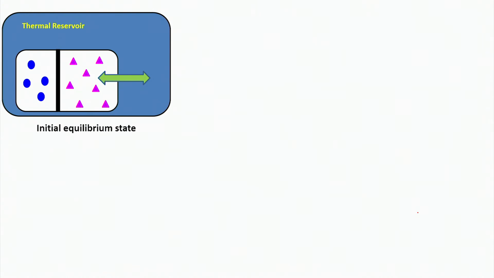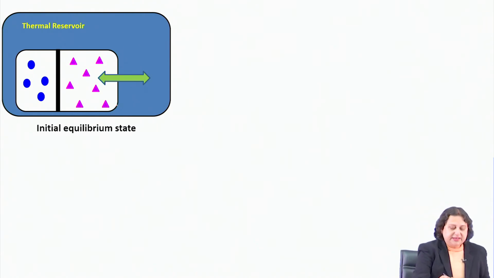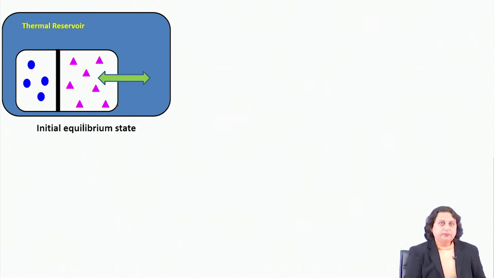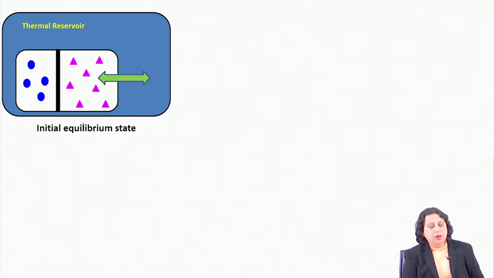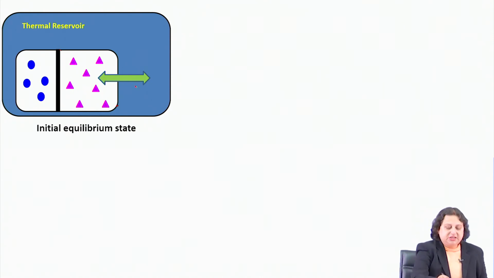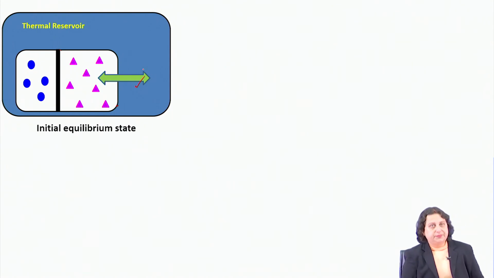So let me say that I have created the initial equilibrium state here. Here my system is a reaction vessel, which is shown by this white box. This white box is surrounded by a diathermal wall, and it has been placed in contact with a thermal reservoir with which it can exchange thermal energy.